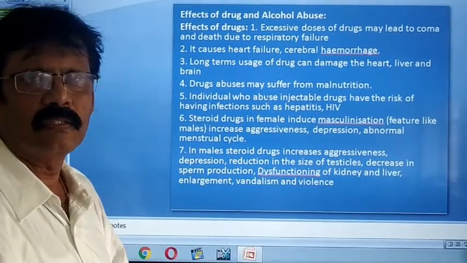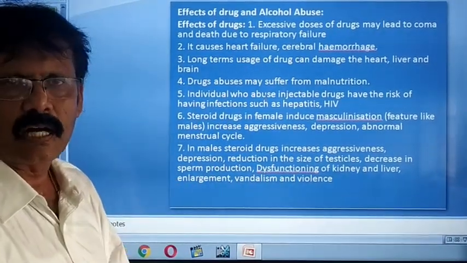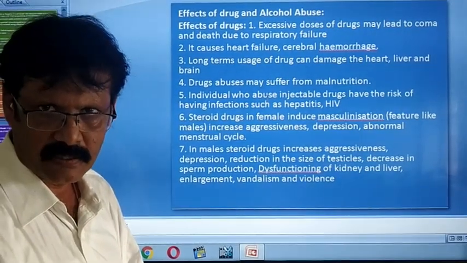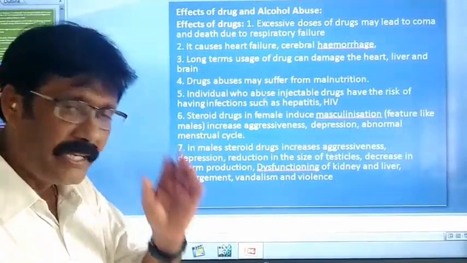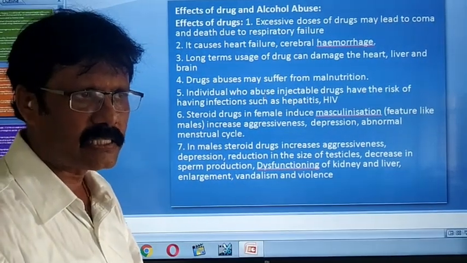Number 2, it causes heart failure and cerebral hemorrhage. Cerebral hemorrhage means bleeding in the cerebrum, the largest part of the brain.